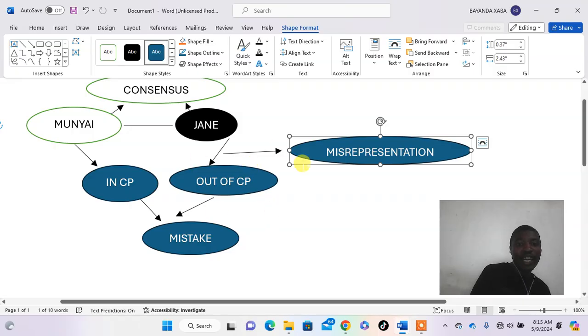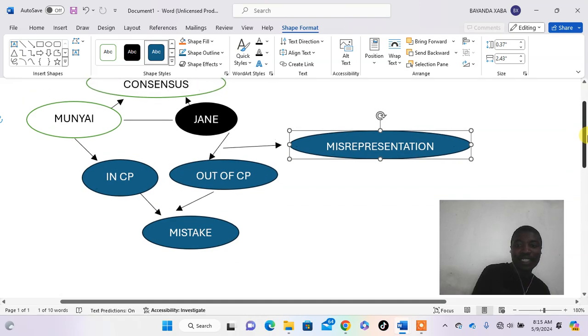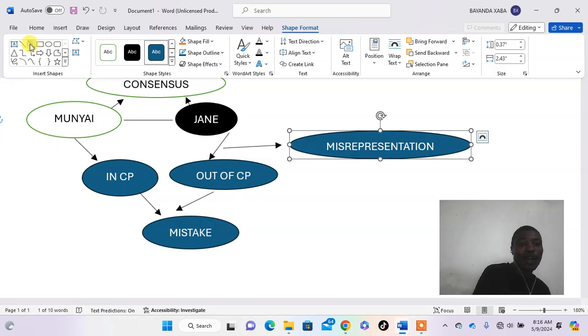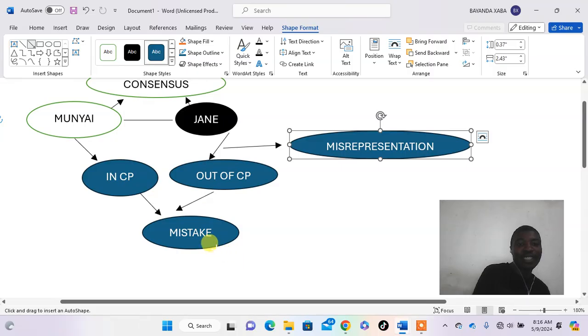All right. Then, does this render the contract void just because there was no consensus or because there was a misrepresentation? No, it doesn't render the contract void. Why? Because both Munyai and Jane have what in law we call a remedy, right?